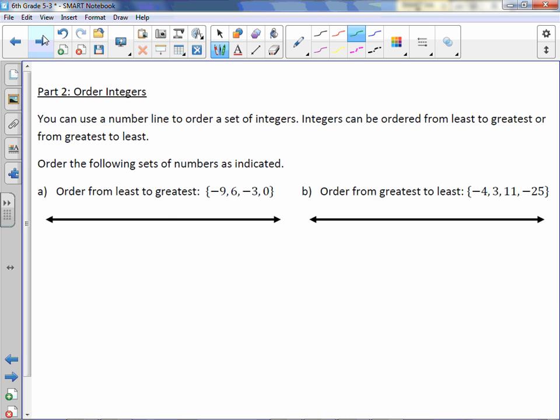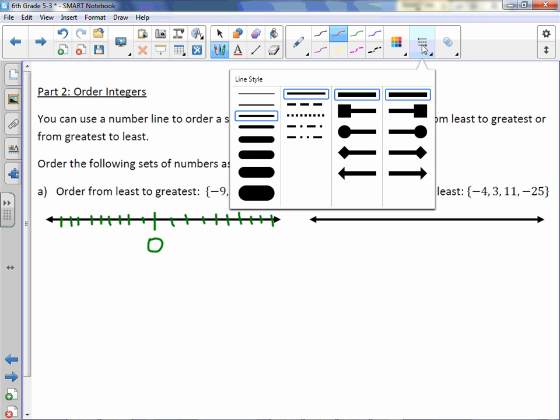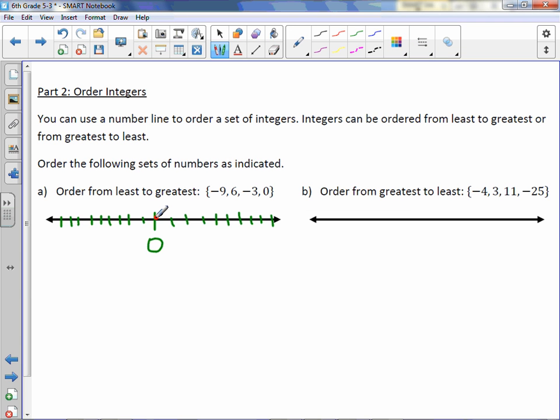So here we go. Here's 0. We'll do 1, 2, 3, 4, 5, 6, 7, 8, 9 on each side. We are plotting 0.